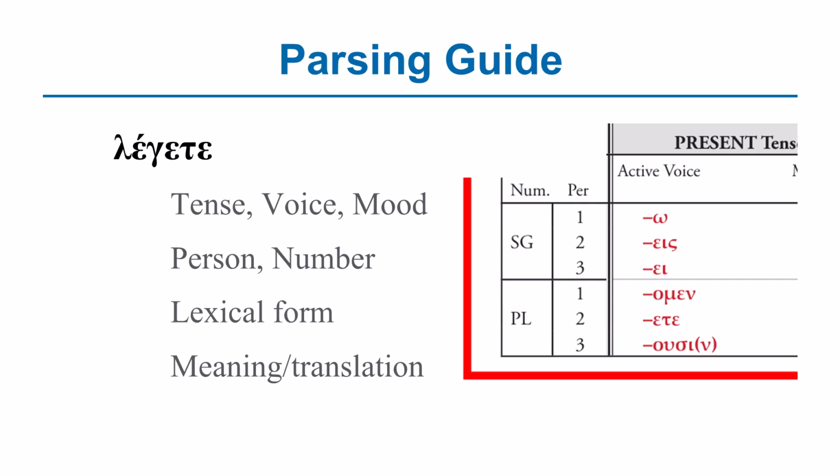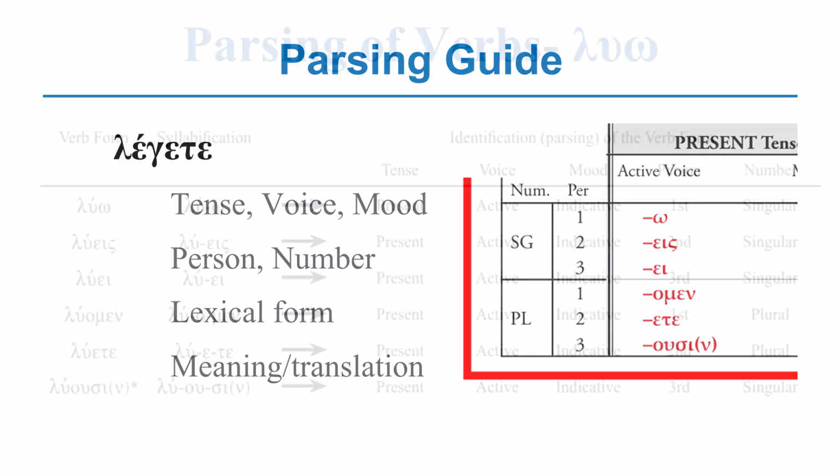If it's a verb, you give the details like tense, voice, mood, person, or number. Third step, you translate the word that is given depending on the information you have given. Fourth step, you give the lexical form, how it appears on the vocabulary. So this is how you parse any given verb, by following the 4 easy steps.